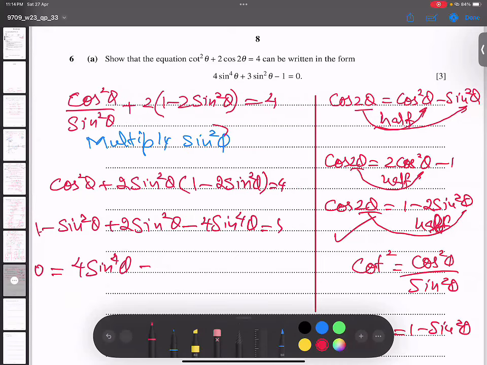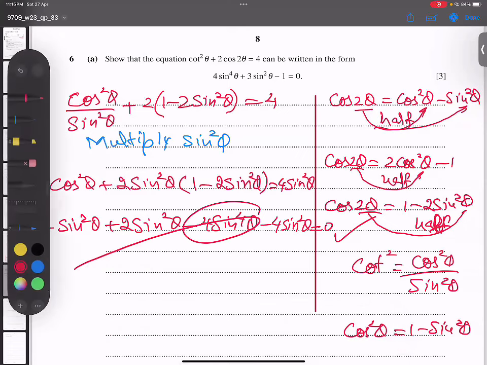So when this sine squared multiplies the 4 as well, it means all is correct, only this I missed. Similarly, I can say here 4 sine squared, and I can bring it to the left-hand side. So minus 4 sine squared theta is equal to 0. And now I can write again. So this I'm writing with a negative sign, students.